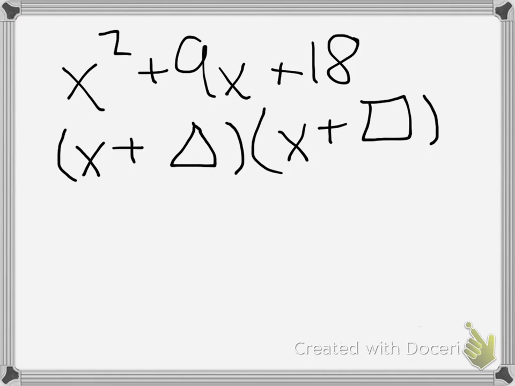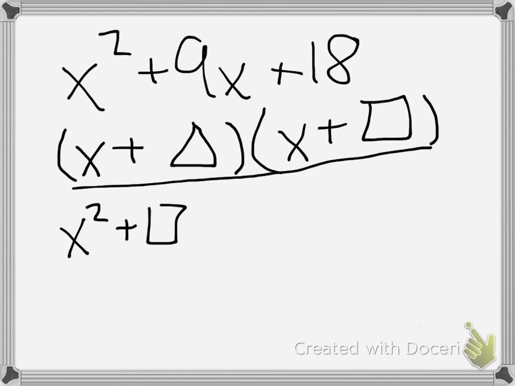In order to figure out what those are, let's multiply this out. These are two binomials. We'll use the FOIL method. When I multiply my first term by my first term, that's x times x, that's x squared. When I multiply my outside terms, I have x times square, so I'll add square x. My inside terms, x times triangle, plus triangle x.